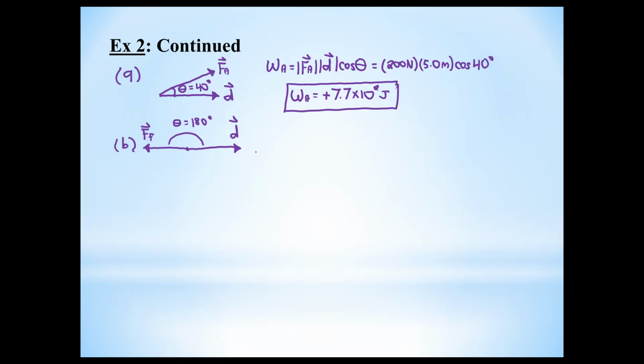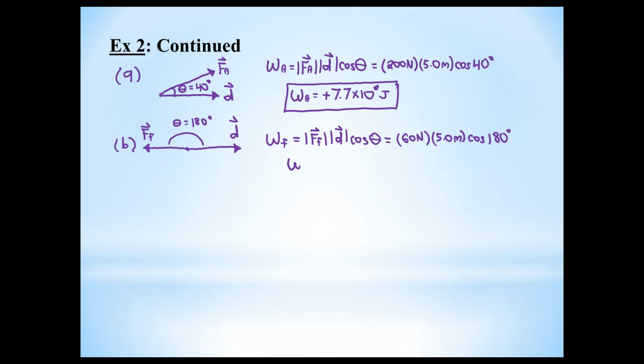Now I'm going to change the subscripts here. The work done by friction, WF, will be equal to the magnitude of the force of friction multiplied by the object's displacement multiplied by cosine of theta. Plug the numbers in. The frictional force has a magnitude of 60 newtons multiplied by 5.0 meters multiplied by cosine of 180 degrees.